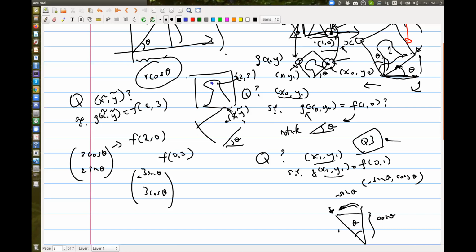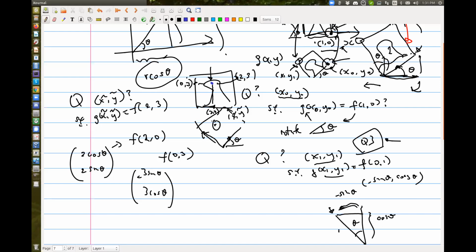So I know this point is 2M0, and this is 0 and 3. Basically, this point will be a linear combination of that, right? I know this coordinate and I know this coordinate, so it will be like vector addition, and you will get this point here.